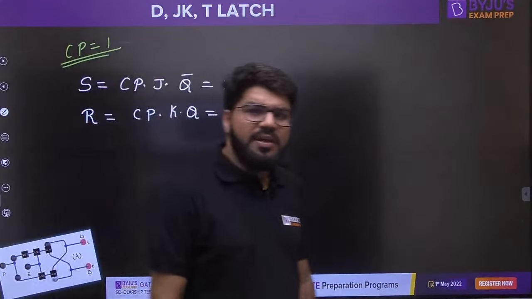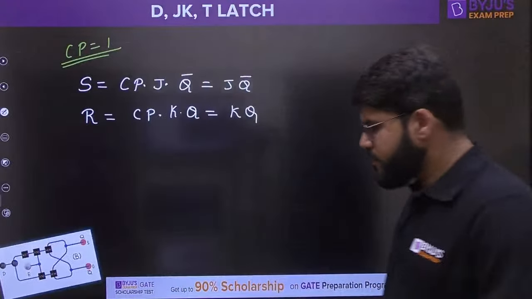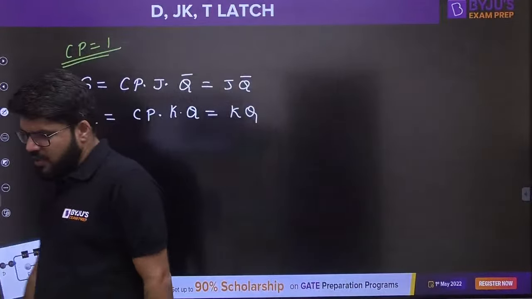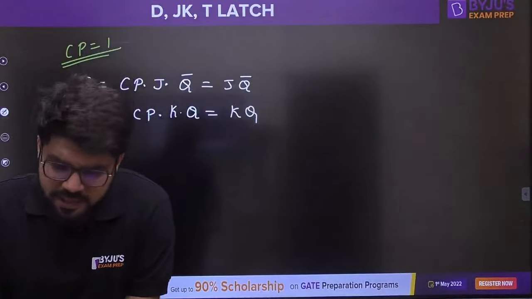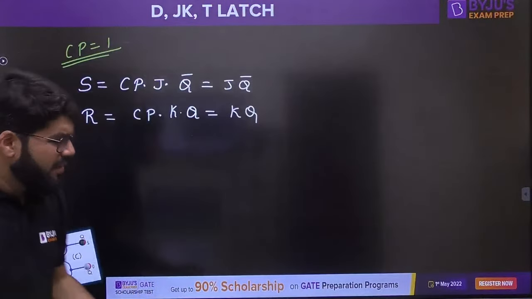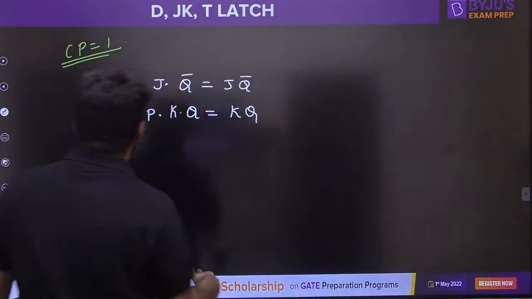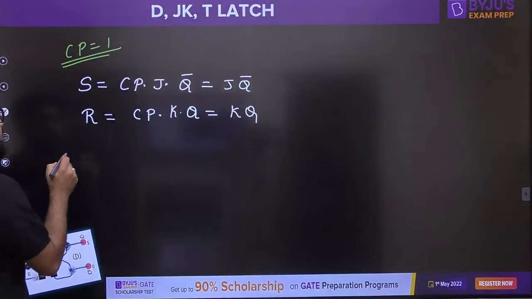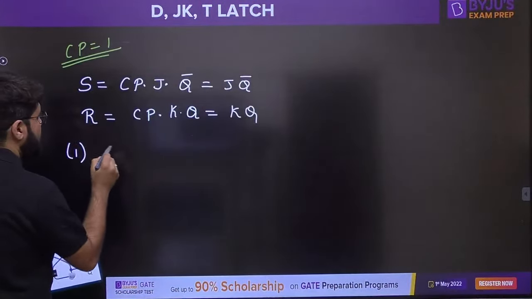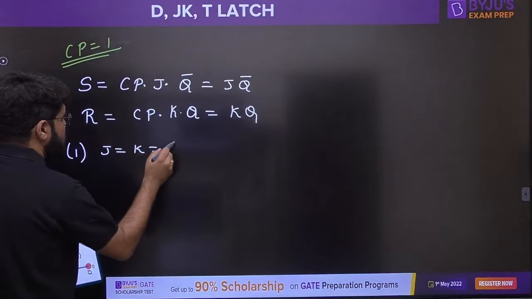Can we first write down the characteristic equation? Yes, why not? So we can either write down the characteristic equation or we can do it by the values. Okay, if we do it by values, how will it work? Suppose first case, J and K are both 0.